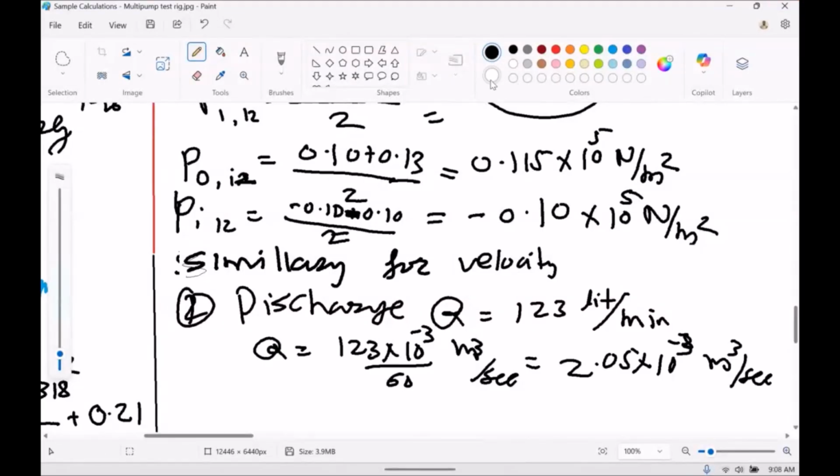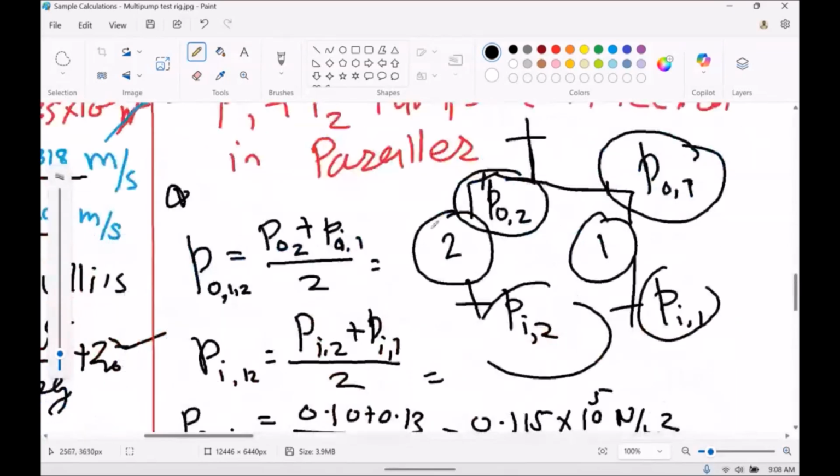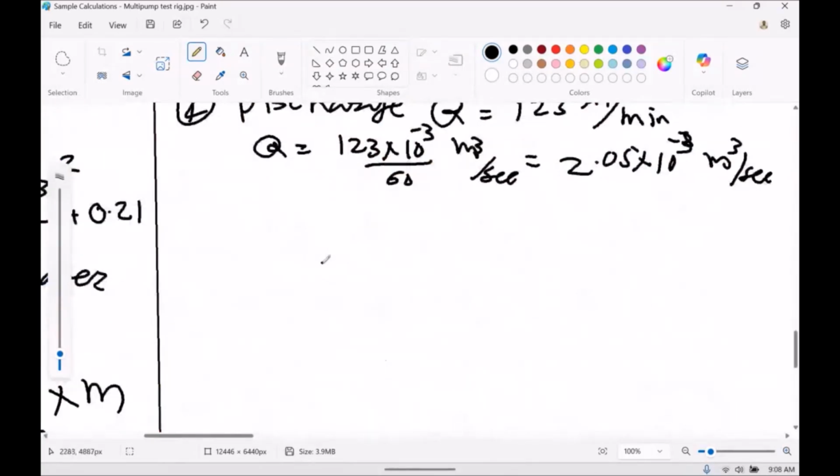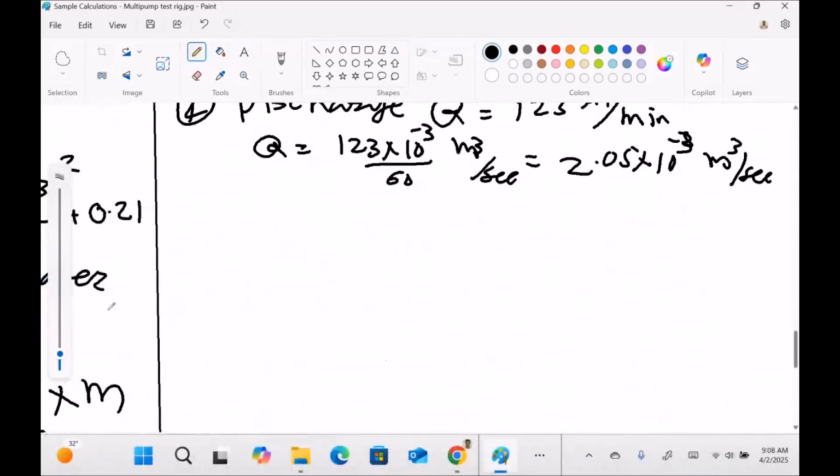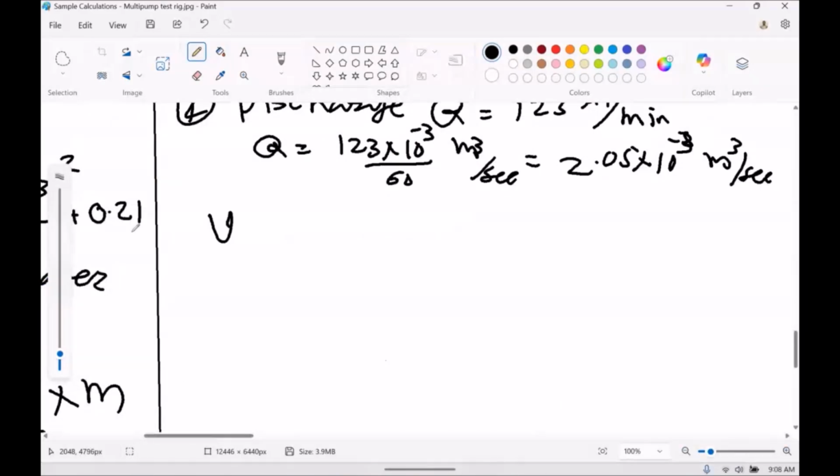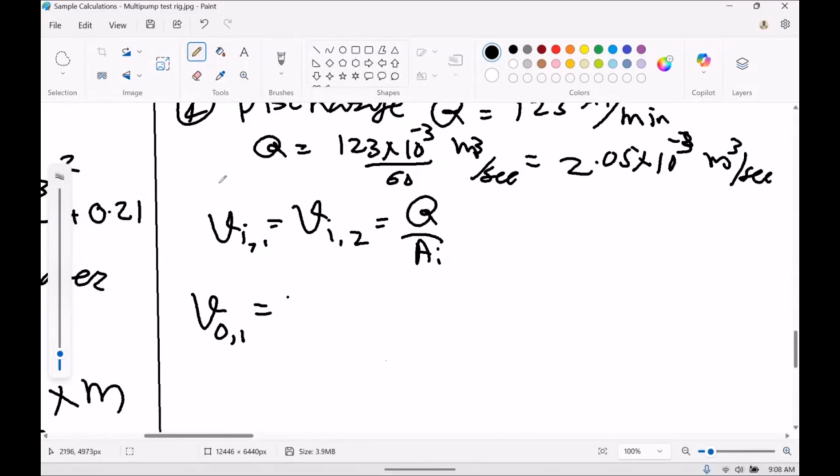Once we know the discharge, the area of the pipe is same, so no need to calculate. I will put the value directly, so I can find velocity at inlet for pump 1 equal to velocity at inlet for pump 2, equal to Q by AI, and velocity at outlet for pump 1 equal to velocity at outlet for pump 2, equal to Q by area at outlet. So just put the values and you will get the velocity.